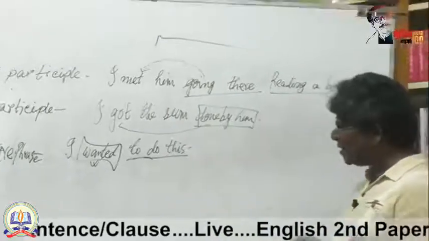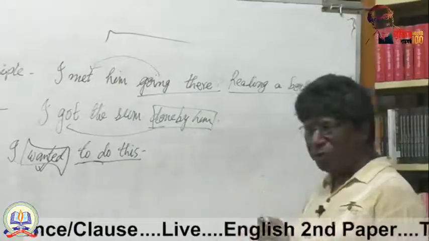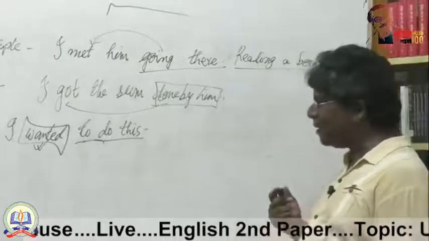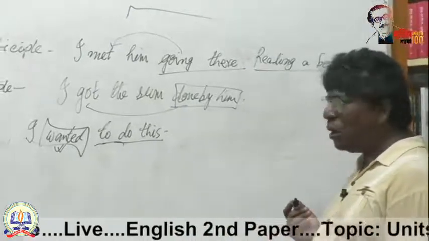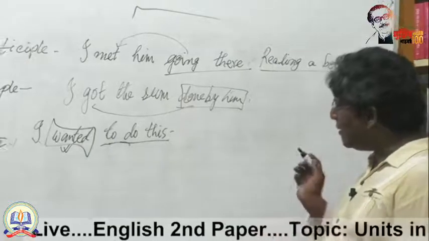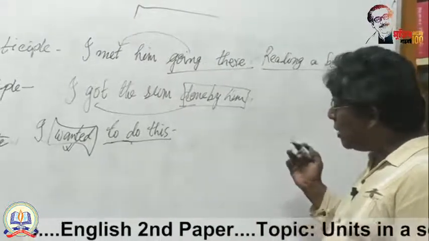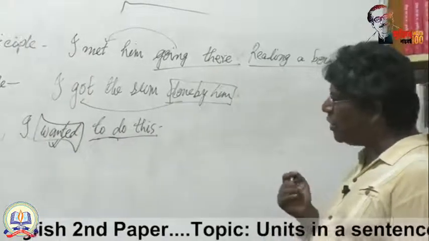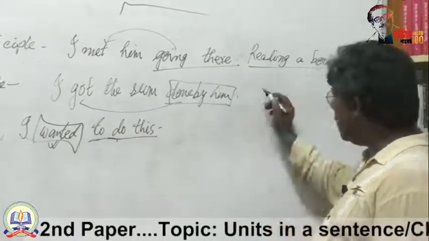The relation is that the verb expressed in the past participle form is done before the action of the finite verb.